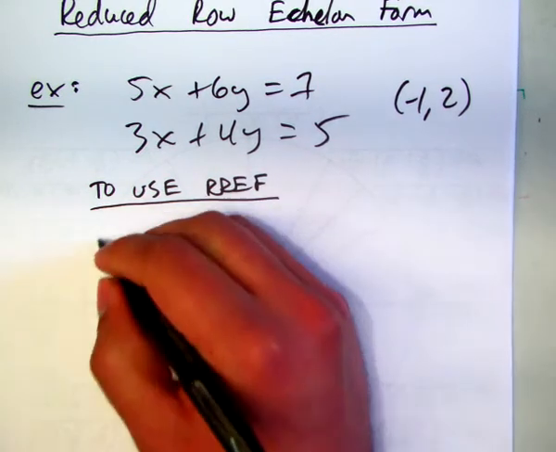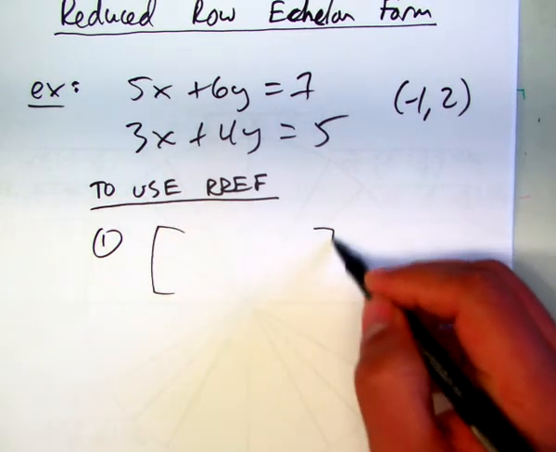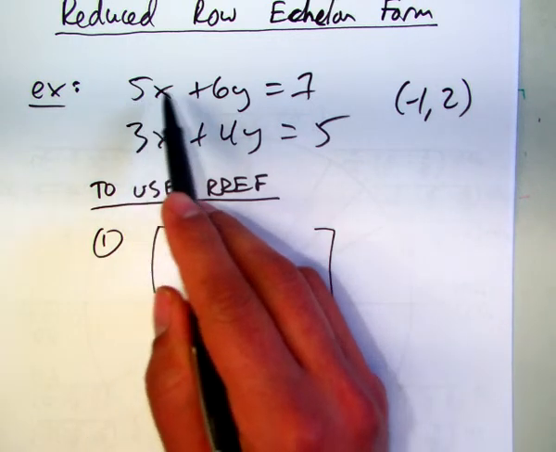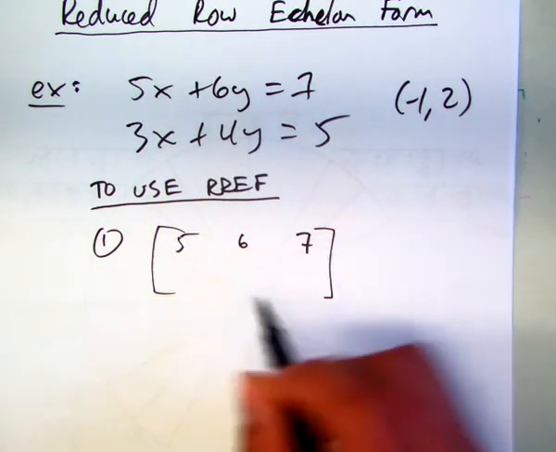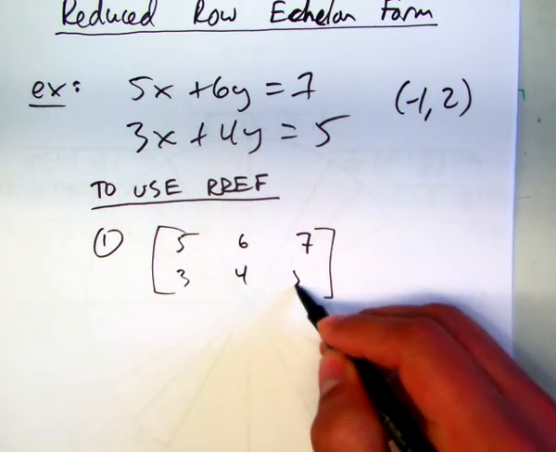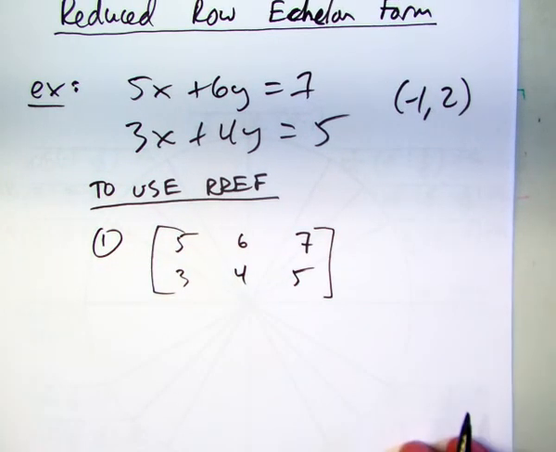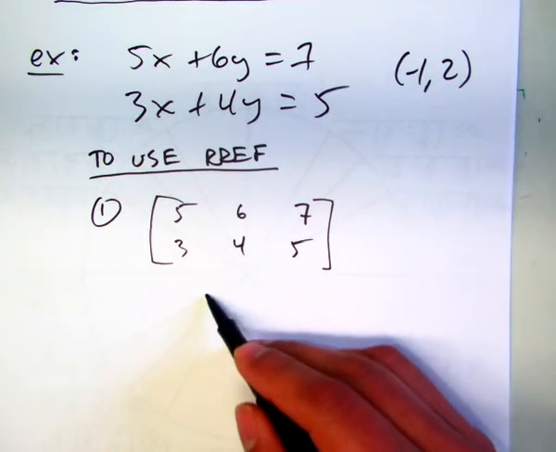Here's what you do. First, you put all the coefficients, and I mean 5, 6, and 7, into one row, and you put the second row of numbers, 3, 4, and 5, into a second row. What size matrix is this now? This is a 2 by 3.